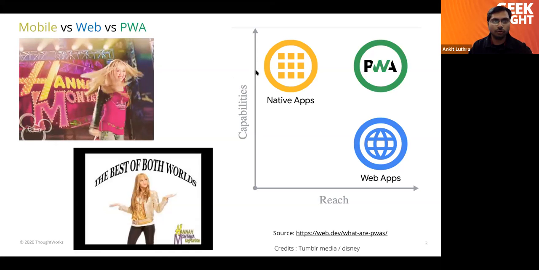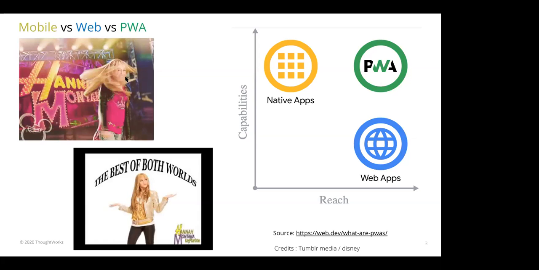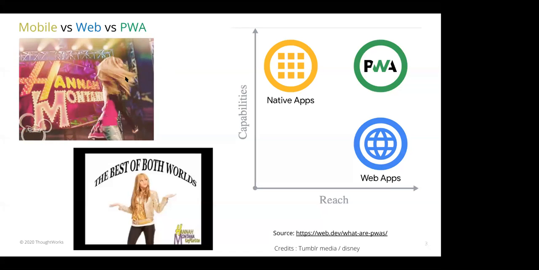If we go for mobile versus web versus PWA, here's a comparison. If you are looking for capabilities, native apps have great capabilities. They can give you location, camera, and a lot of other exciting features. Payments like simple OTP, all of it would work. But if you are on web apps, then your reach is higher.